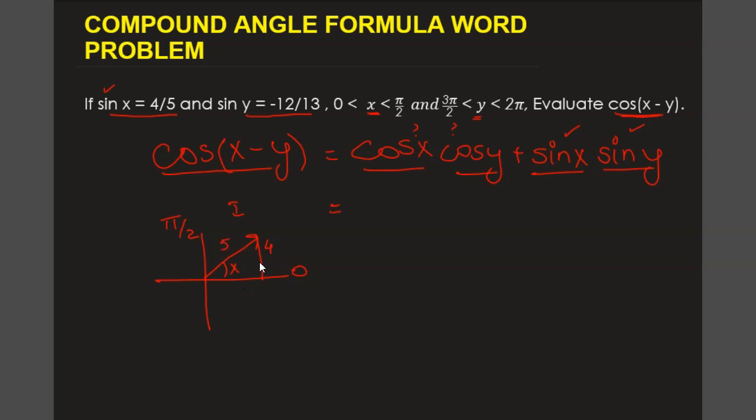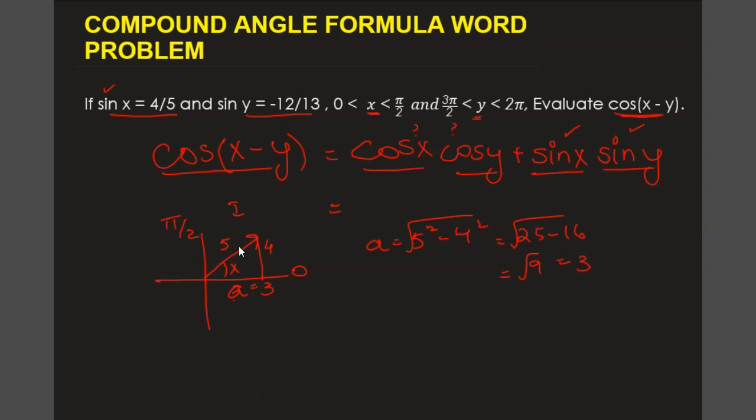We use the Pythagorean theorem to find this side, which is along the x-axis, so we can call it a. So a is equal to the square root of 5 squared minus 4 squared, which gives us the square root of 25 minus 16, the square root of 9, which is 3. So this value is 3.